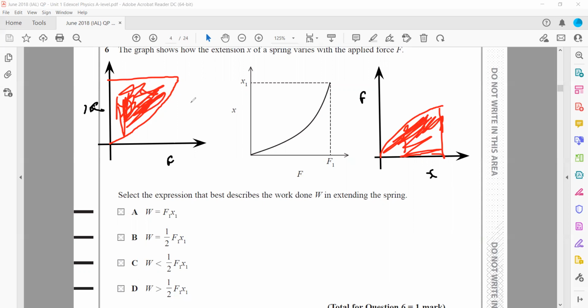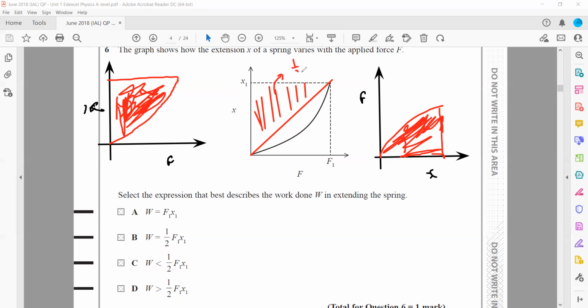And remember, if it is making a triangle, then the work done is the area under the graph, which is half base times height. So if I want to calculate, because extension is on the y-axis and force on the x-axis, this area. And if it was a straight line, then what about the area of this part? It will be half base times height.